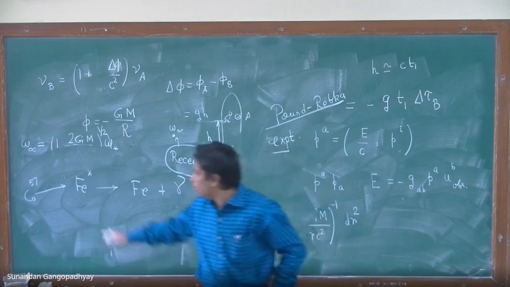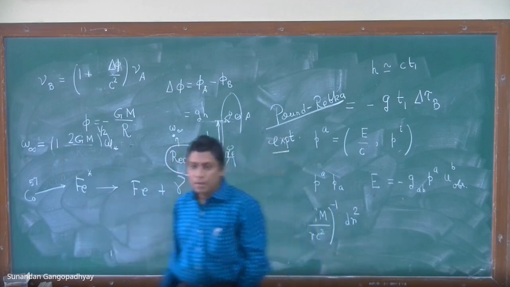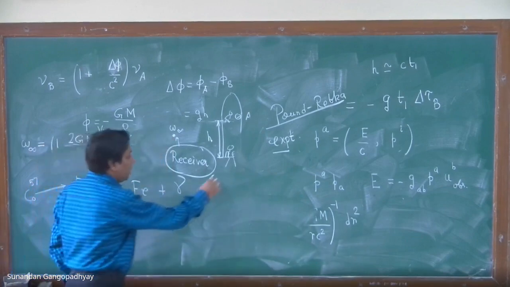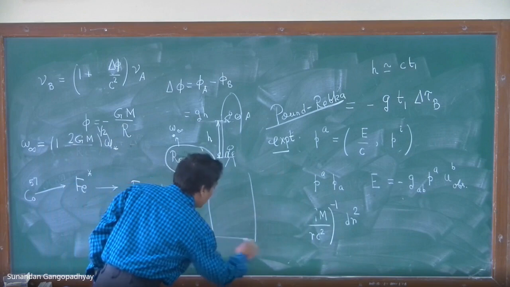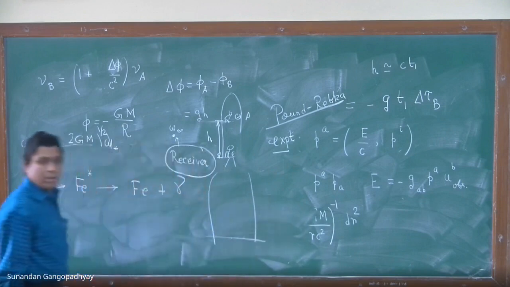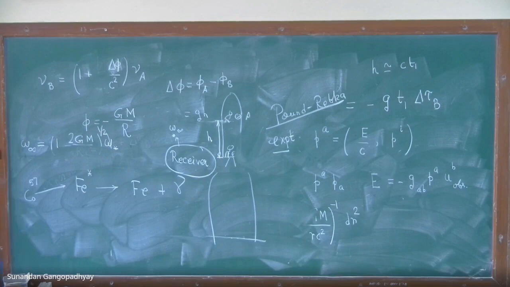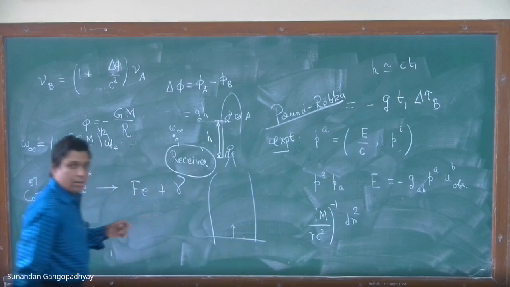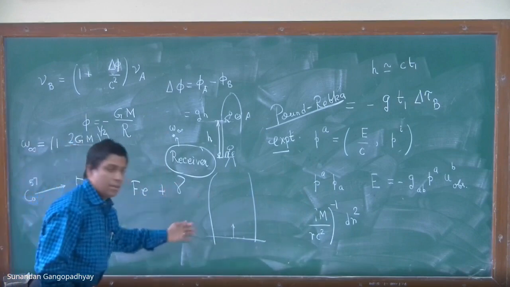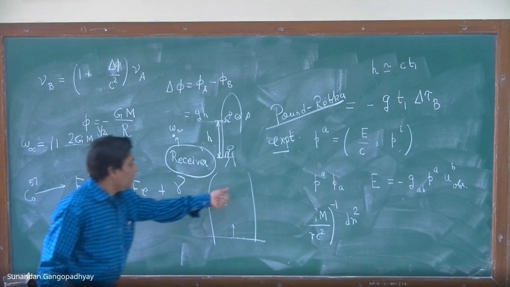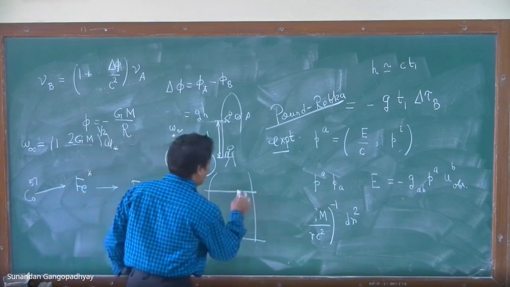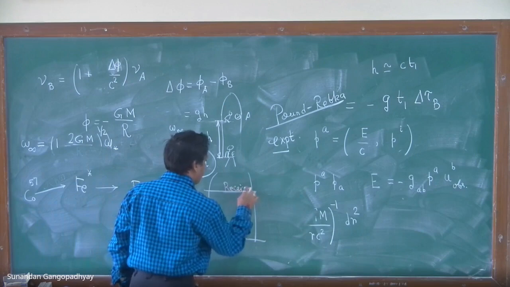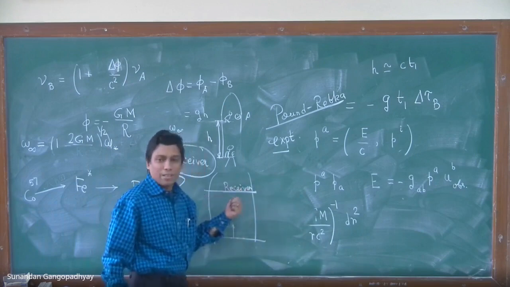Suppose this experiment was done in Jefferson Laboratory, and they were sitting at the lowest point of the laboratory. Here this gamma was being emitted, but this is in a gravitational field, right? So what will he see? And there was some receiver here, at a higher gravitational potential.